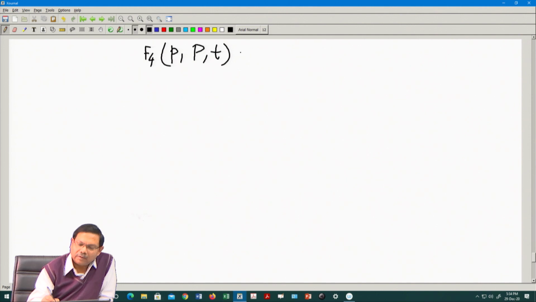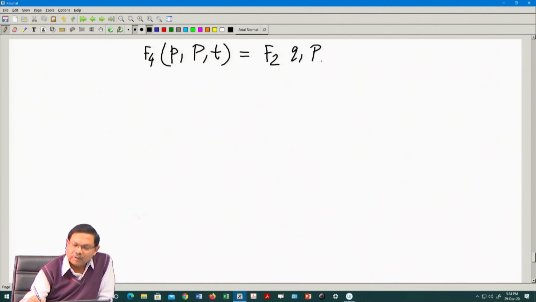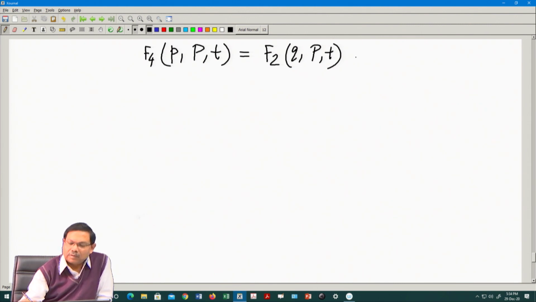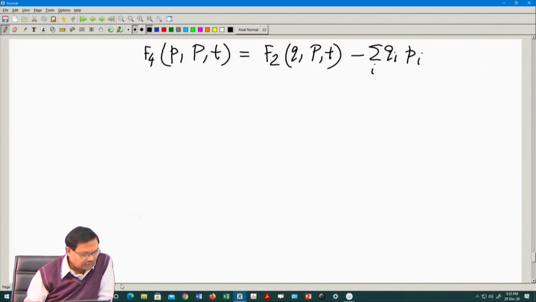So, if we want to connect it with, let us say, the second one, the second one was q, P, t, and minus q_i P_i sum over, right.